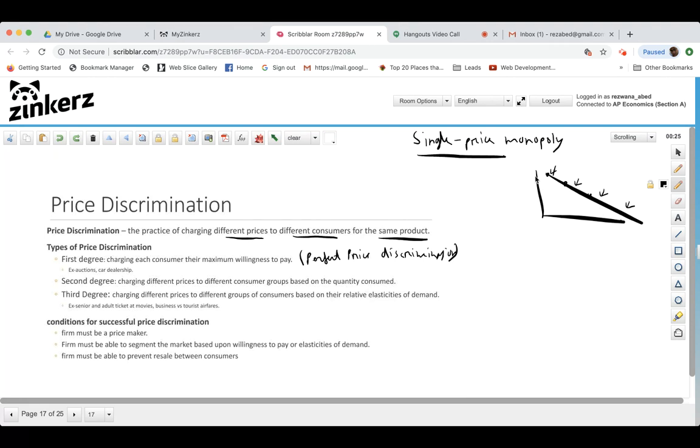So what they do is charge a different price for each of these different people, which is actually very hard to do in reality, because you would have to know, for a person coming in to buy your product, what each individual person's highest willingness to pay for that product is. That kind of information is really hard to gather.